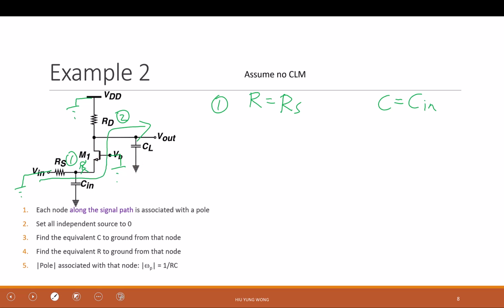I know that this is 1 over Gm when there's no channel length modulation. And because of this, it is RS parallel 1 over Gm1. Does anyone have a question about this? Why are we stopping at 1 over Gm?